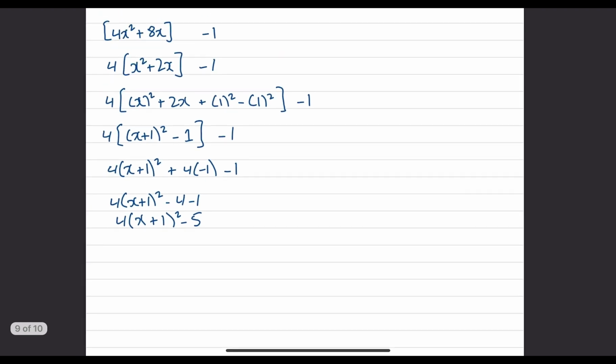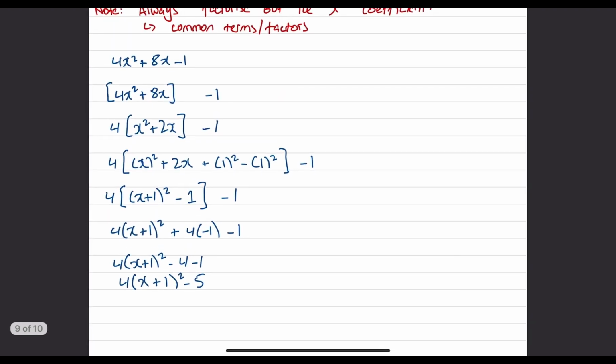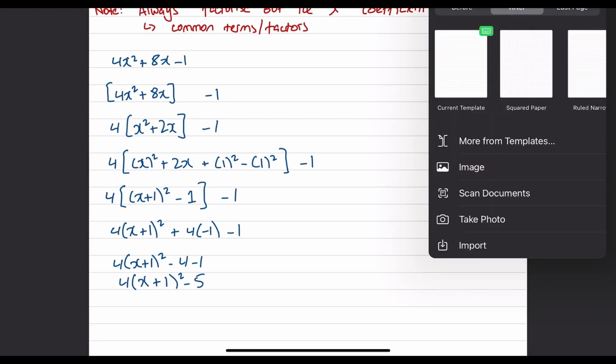Let's just do one more example on this and we can move on to middle term breaking. So x squared plus 8x plus 10. Now the way to do this is the same as we've done the previous two questions.